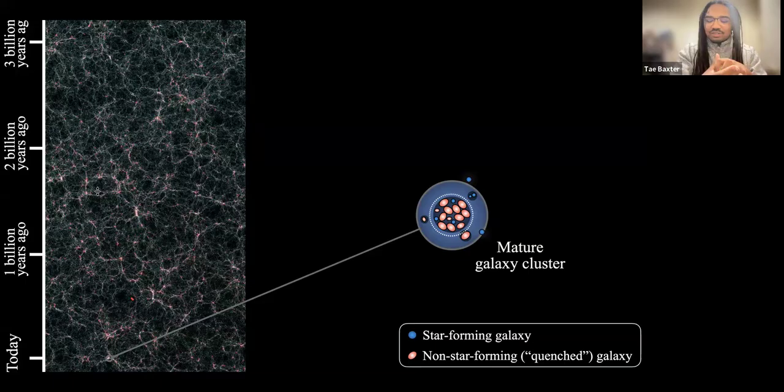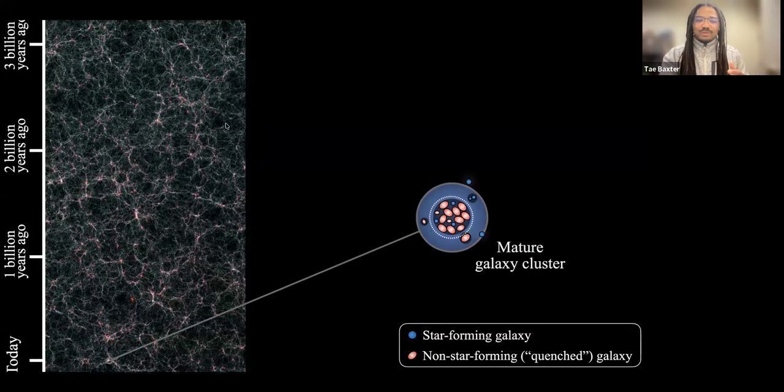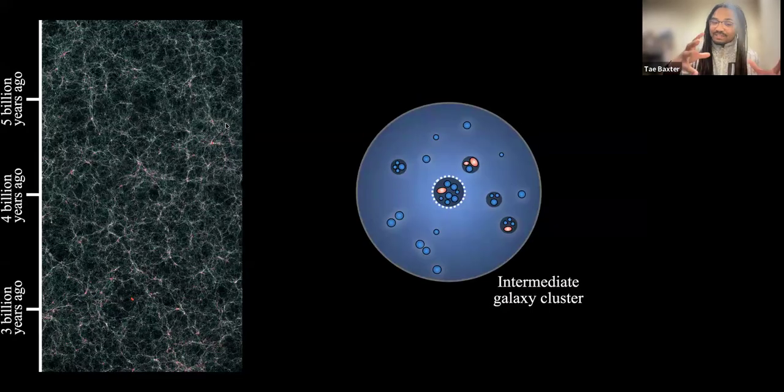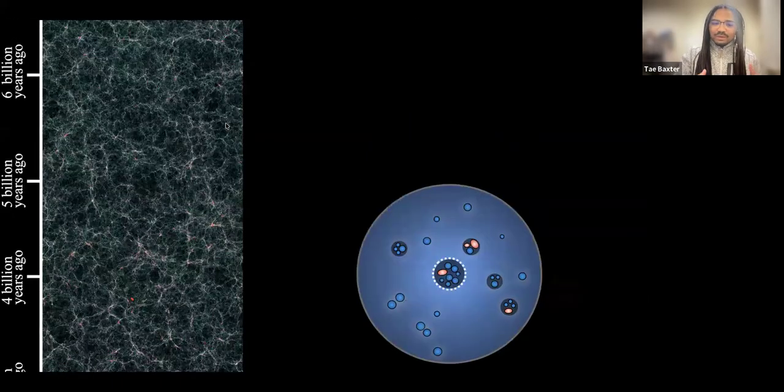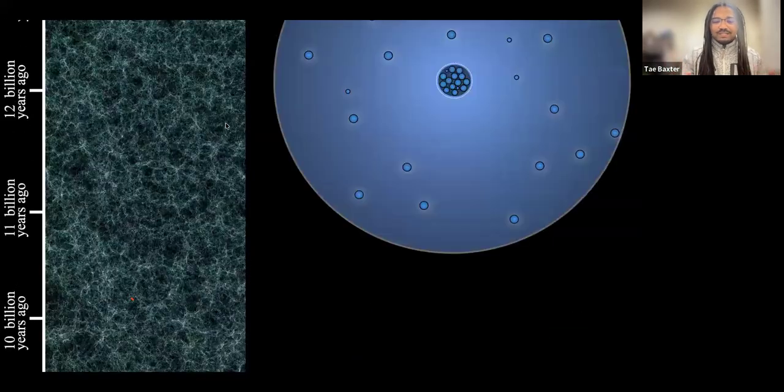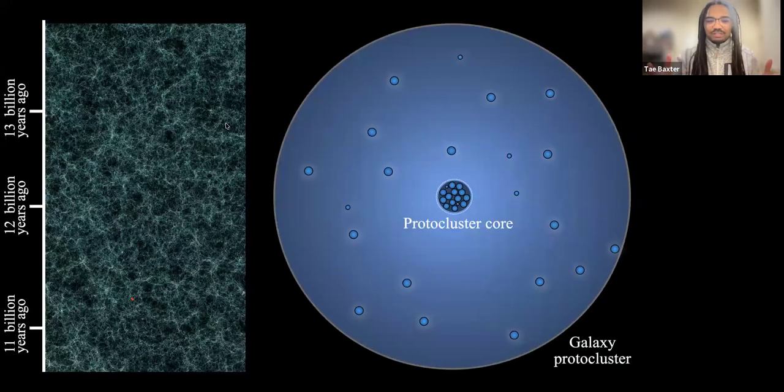Most of the mass is concentrated in the center, and you have all these galaxies that are no longer forming stars, as shown here in red. But as we go back in time, we find that clusters are actually more extended. There's more star formation going on in there. As we go earlier and earlier to young clusters, again, more extended, more star formation, till we go to a stage called the galaxy protocluster stage.